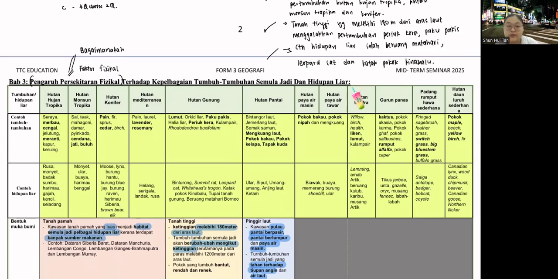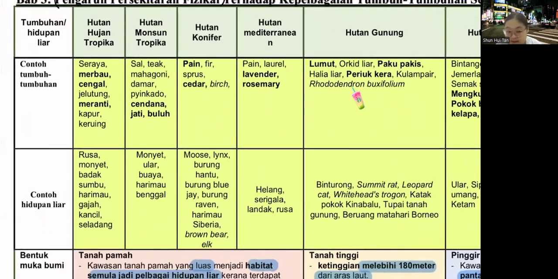Okay. I don't teach you hutan tropika. Actually, hutan tropika and monsoon tropika, they share the similar plants and they share the similar animals because we are too near to each other. Conifer already tells you cone. So their plants will be cone shapes. Pine, fir, spruce are all cone shapes.